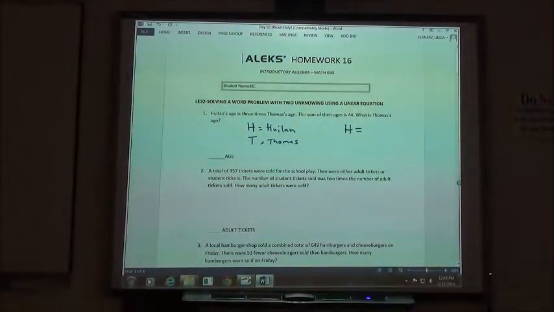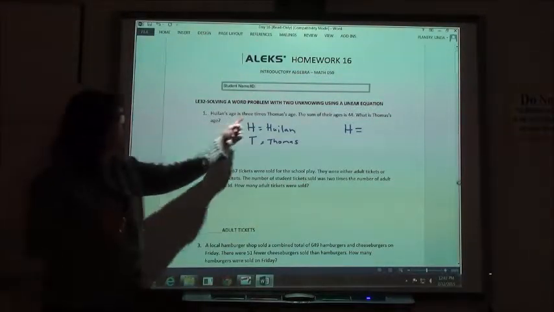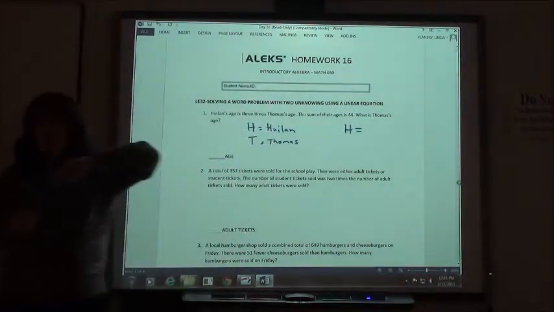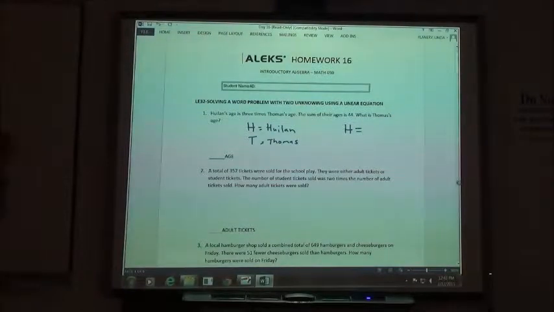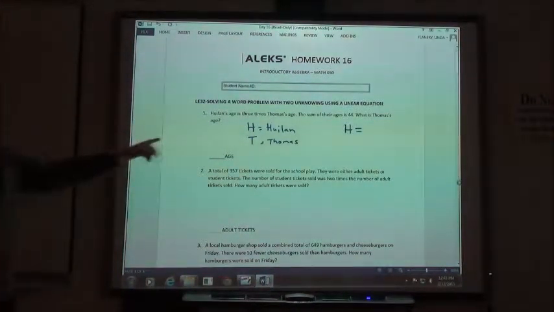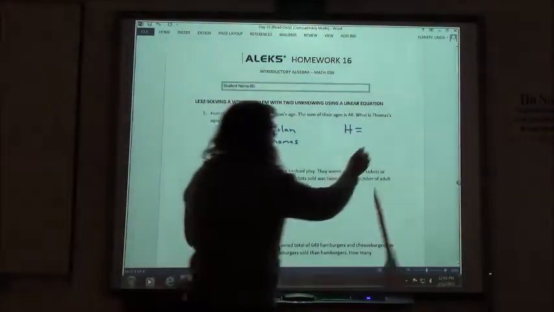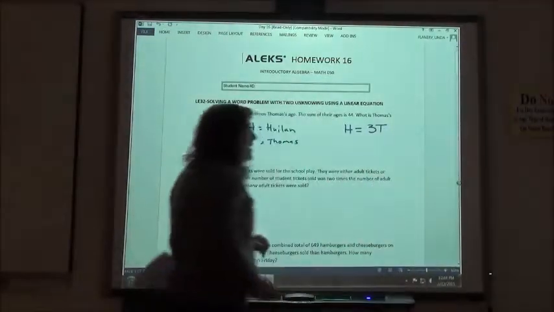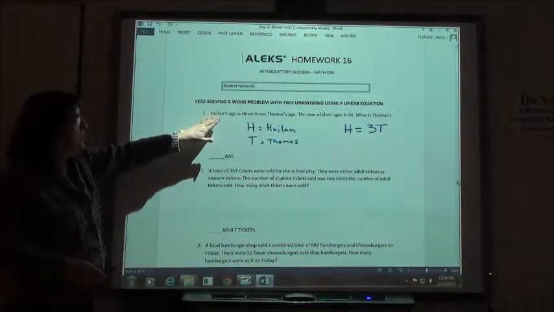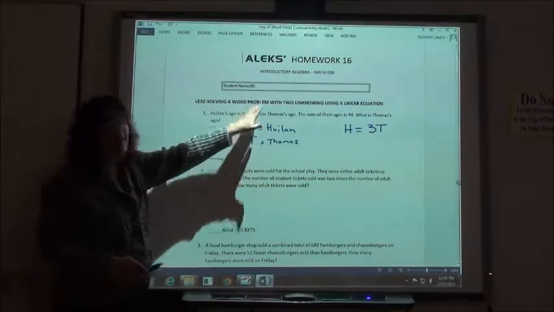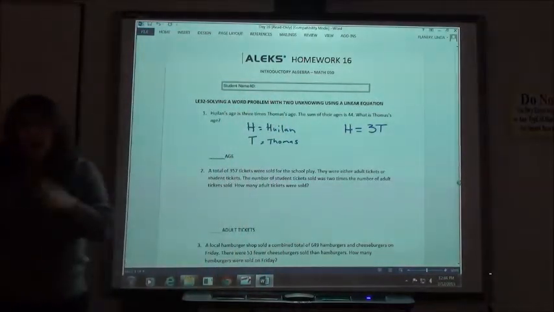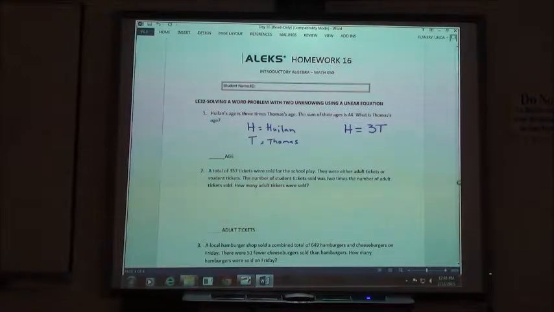How do I show that, H equals 3T? Thomas's age is T. So H equals 3 T's.